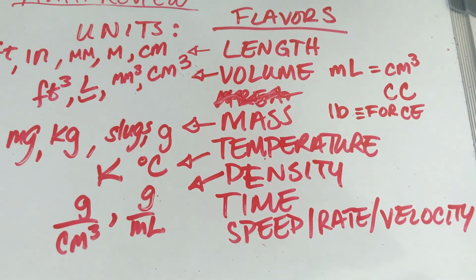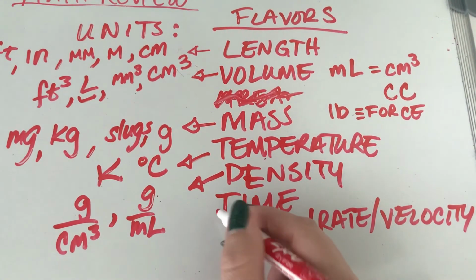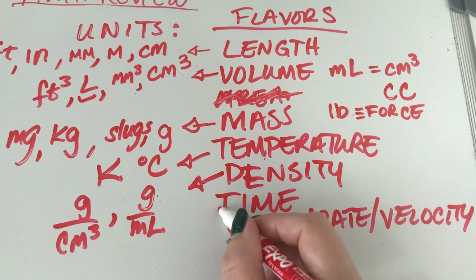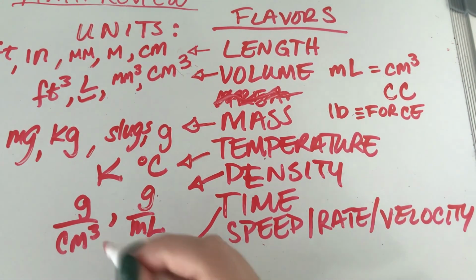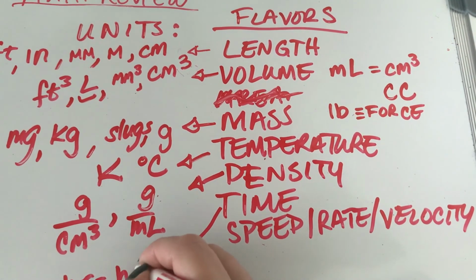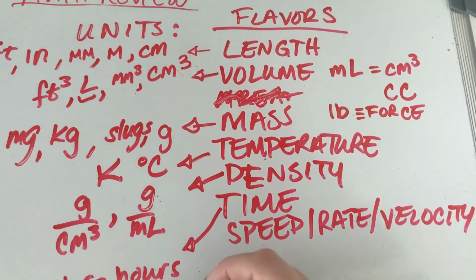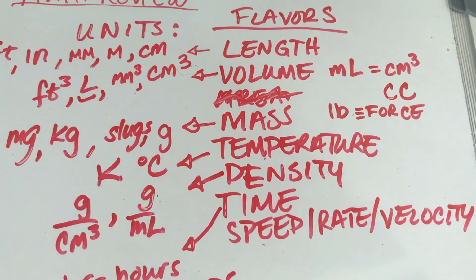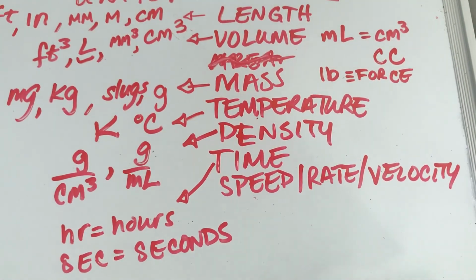Yeah, that's another one, but time, I think you guys are all familiar with these. The main thing is remembering abbreviations. So HR is hours. S, sometimes SEC would be seconds. You guys all know these. Hopefully. So I think you guys are pretty familiar with these units.